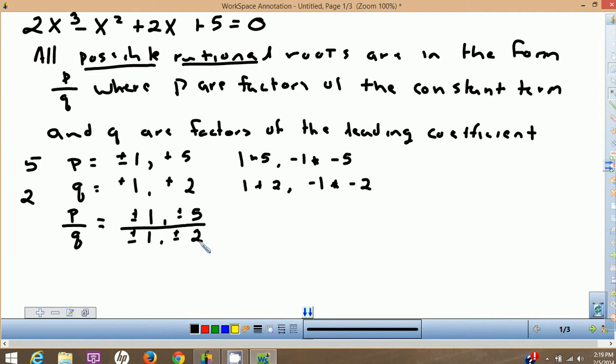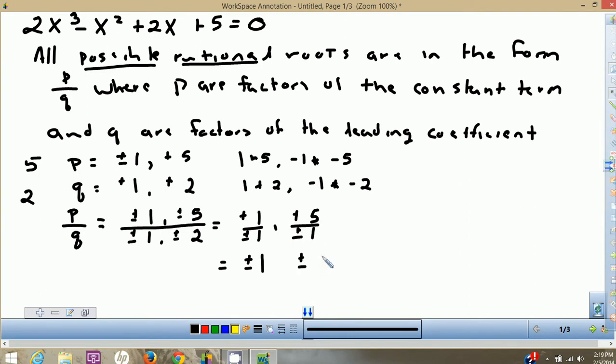What combinations of factors can I come up with that gives me this list that I'm looking for? Well, I could do 1 over 1, and 1 over 1 is equal to 1. You'll learn to do this as you go along instead of writing this down twice, but 1 over 1. I could do 5 over 1. And again, positive and negative, so positive -5 over positive and -1. 5 over 1 is 5.